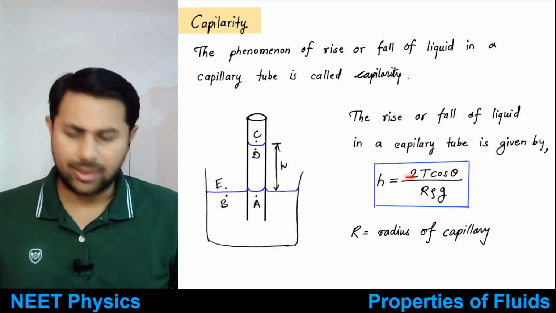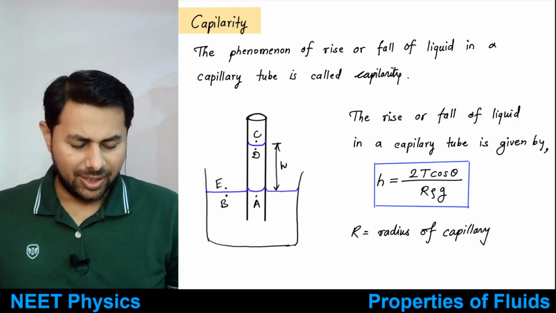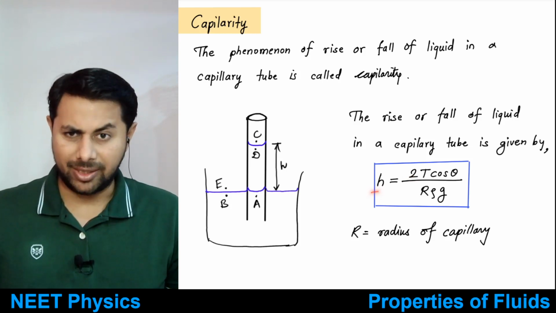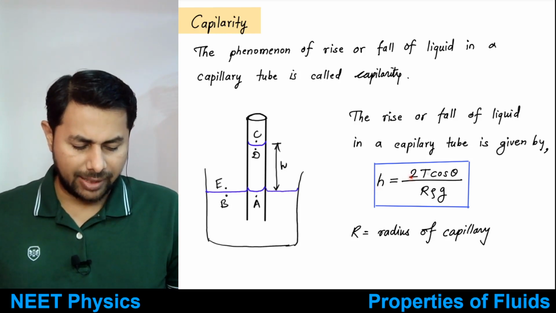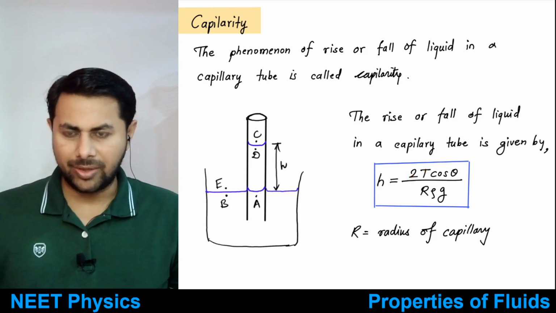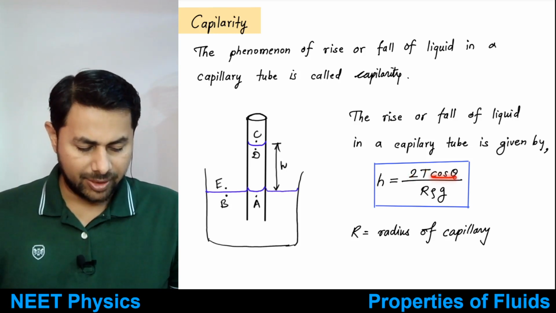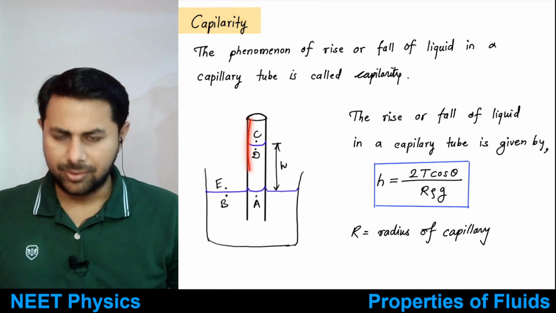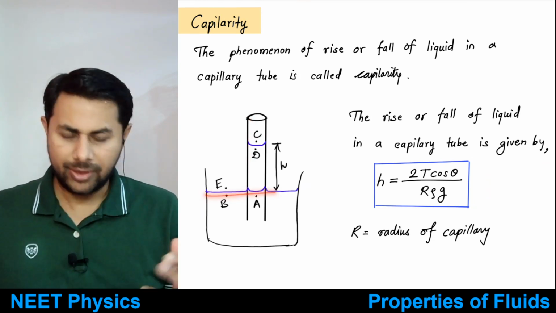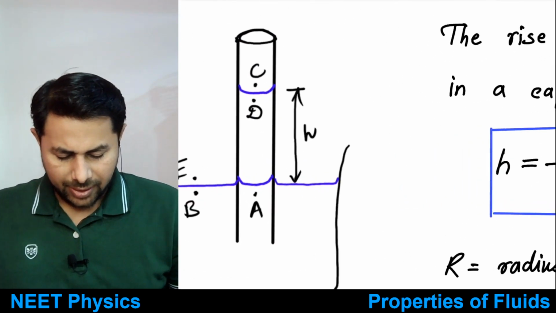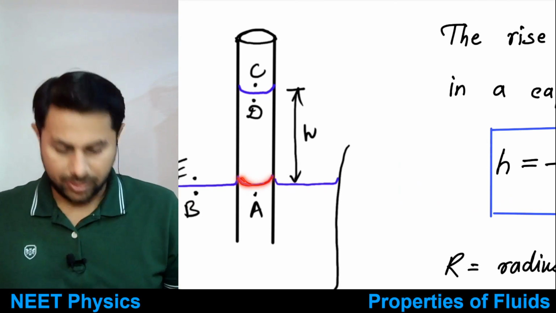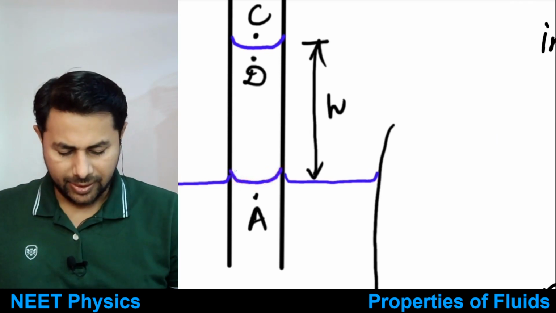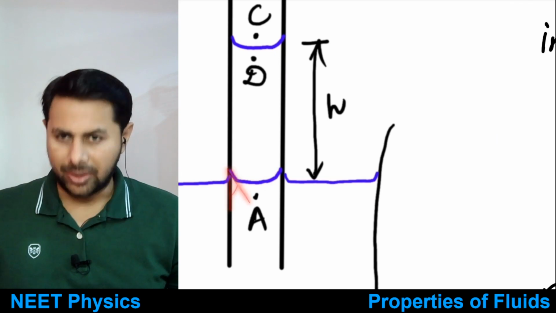Now the terms are very clear, right? H is the height, that means rise or fall. H can be positive, H can be negative. T is the surface tension of the liquid, multiplied by cos theta, where theta is the angle of contact. When you dip this capillary tube in any liquid, there will be some meniscus, concave or convex, so there would be a certain angle of contact.